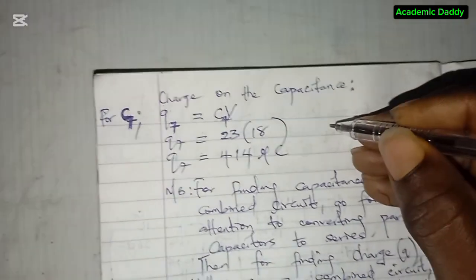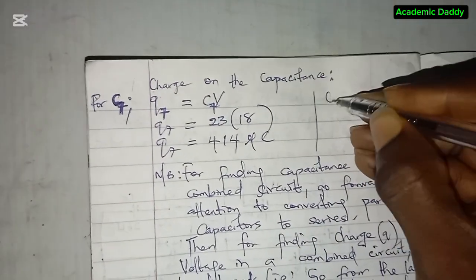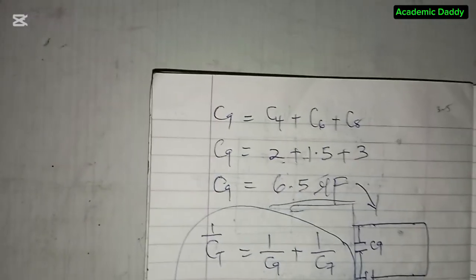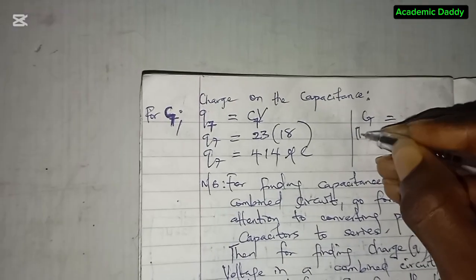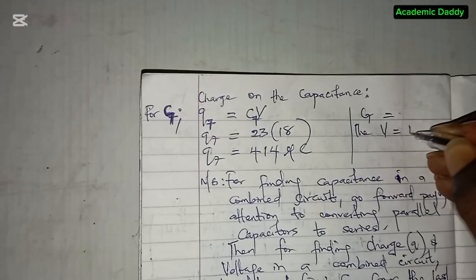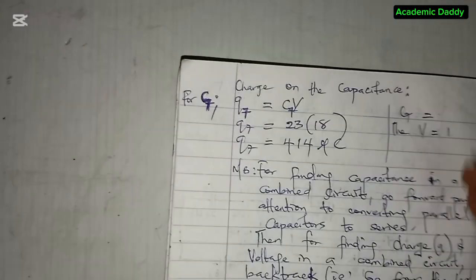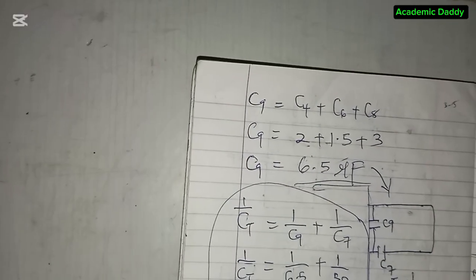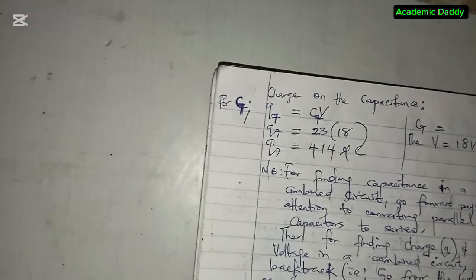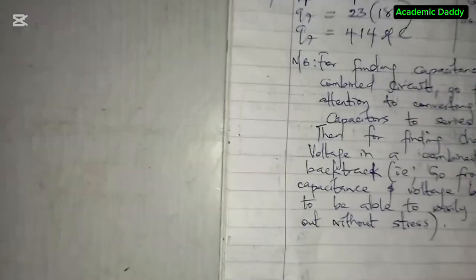For C7, the voltage V on C7 is 18V. And this is obvious.